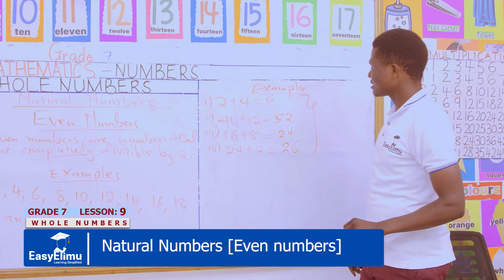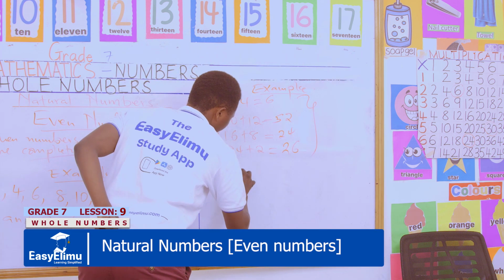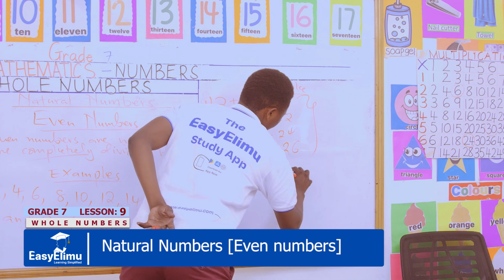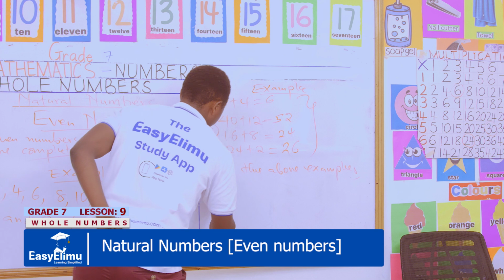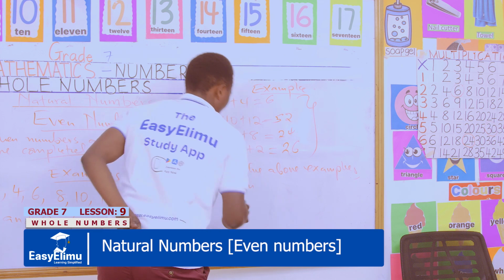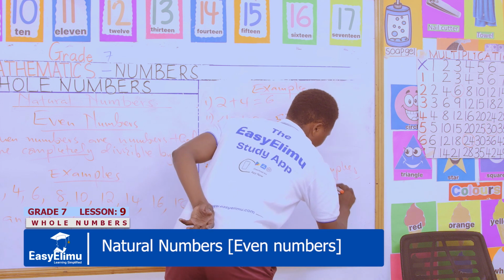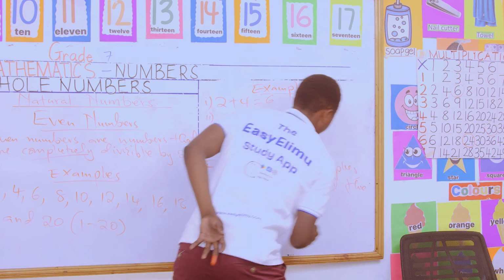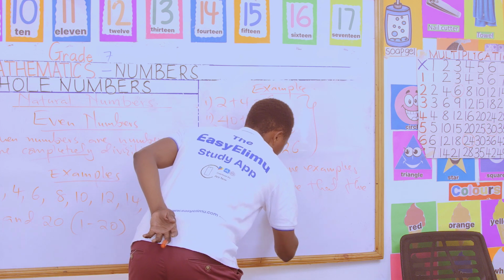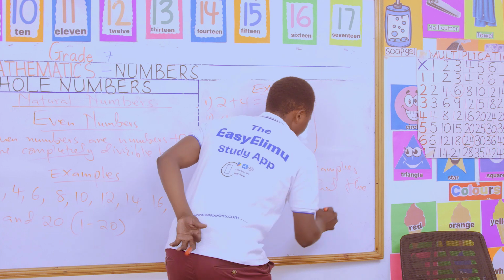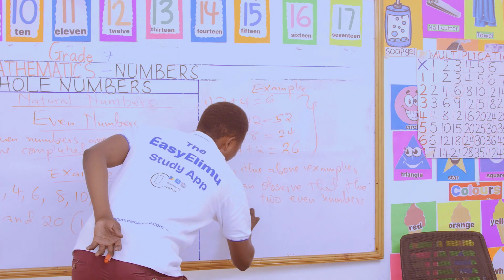Yeah, so from the above examples, we can observe that the sum of two even numbers is an even number.